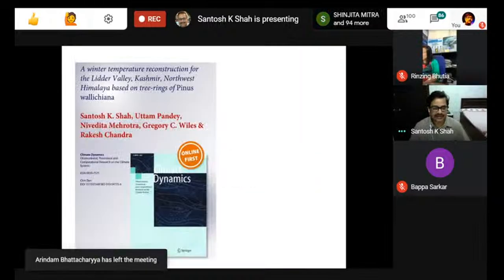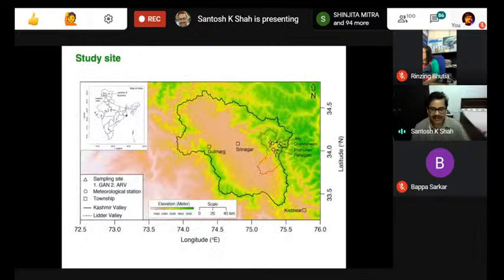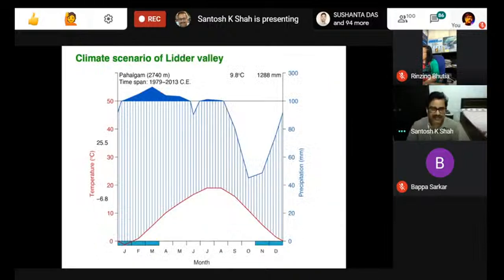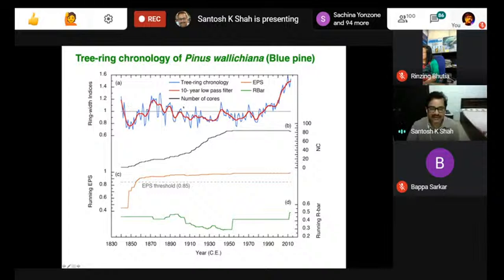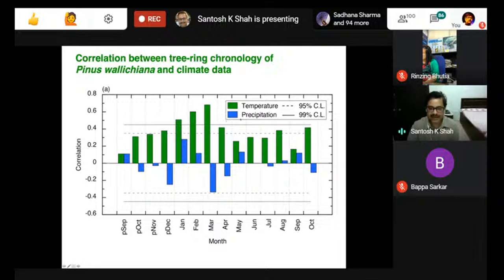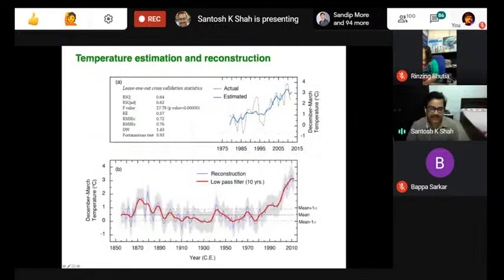This is the temperature reconstruction, also published in Climate Dynamics, from the same region, but based on blue pine, Pinus wallichiana, tree rings. This is the climate, and these are the tree ring chronologies, again compared with the temperature and precipitation record. Here the Pinus wallichiana tree is positively correlated with winter temperature. In that region we have temperature and precipitation data only from 1979 to 2013, but with the help of tree rings we extended the winter temperature record up to 1850.